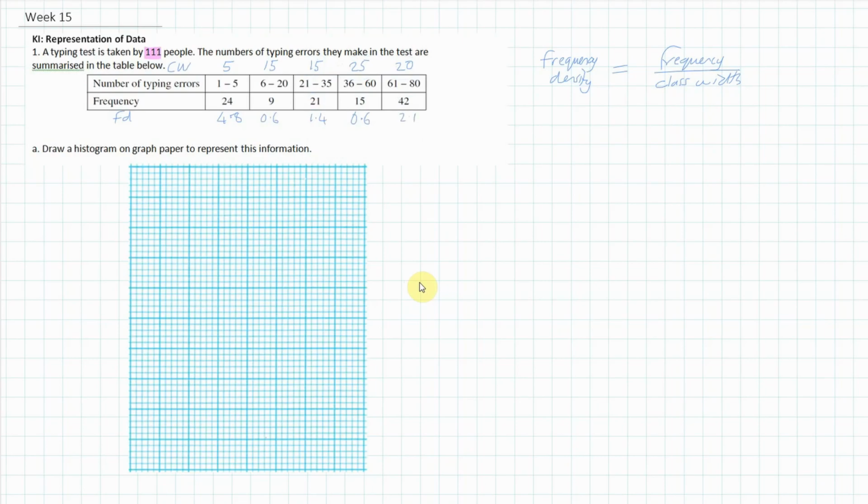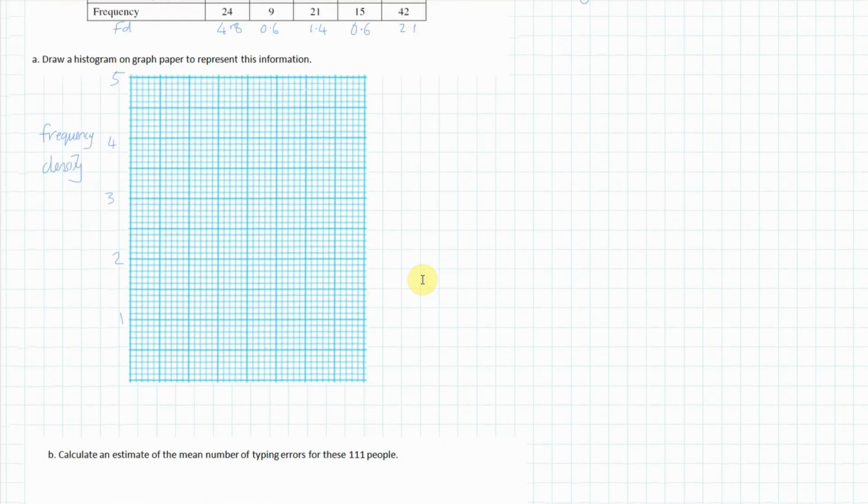So I'm now ready to draw my histogram for this. I will go up here in frequency density 1, 2, 3, 4, 5, and label this as frequency density. And then on the horizontal axis is our number of errors.